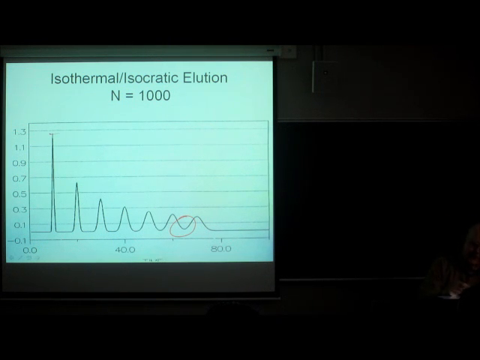And of course, the peaks are all higher than before and they're all narrower than before. Clearly, you want to get a lot of plates. More plates is good. Everything else remaining the same. But that's a proviso there, an important proviso. Everything else has to remain the same.